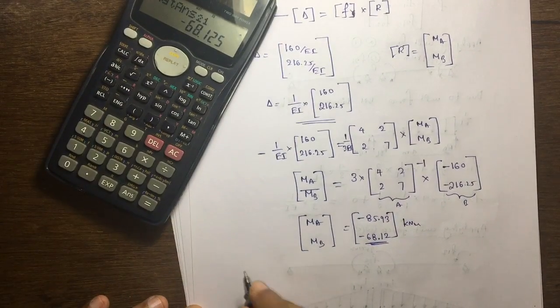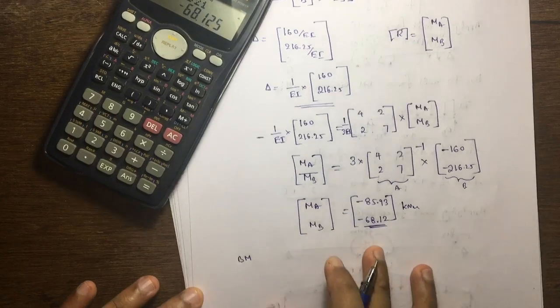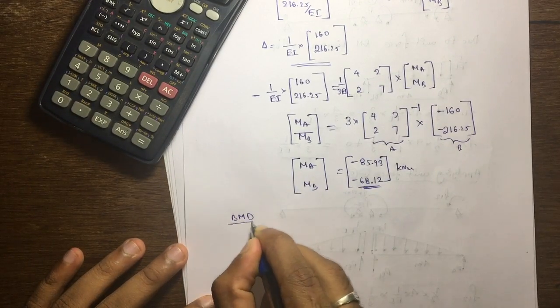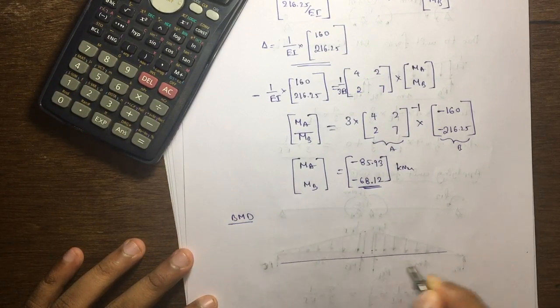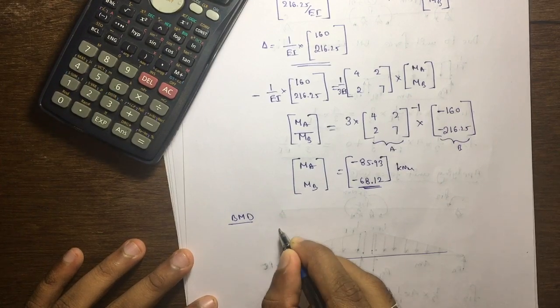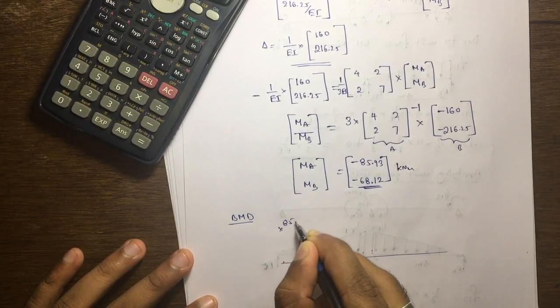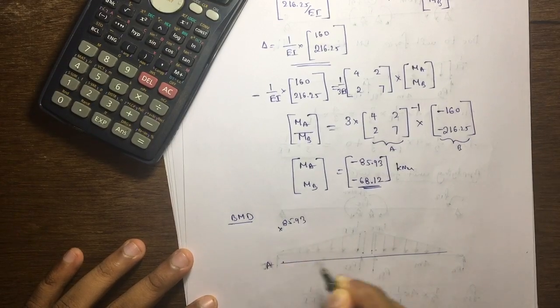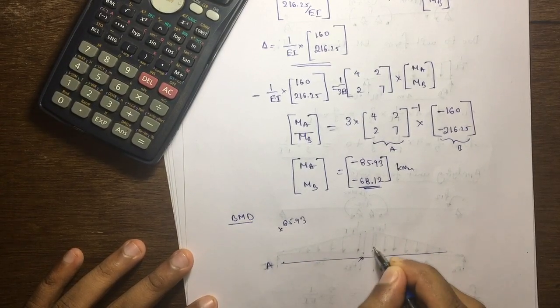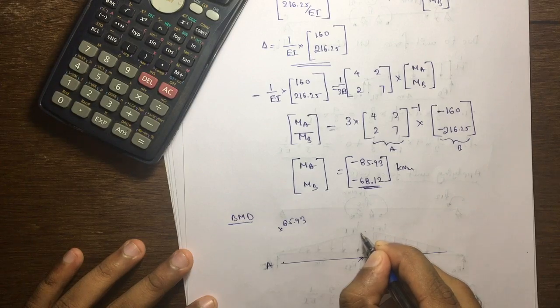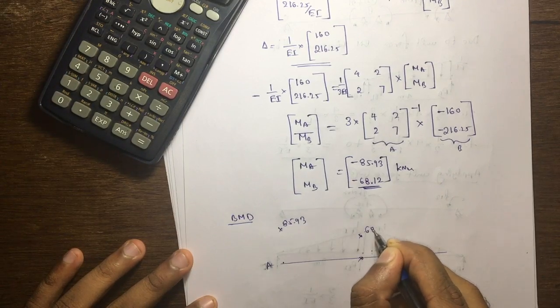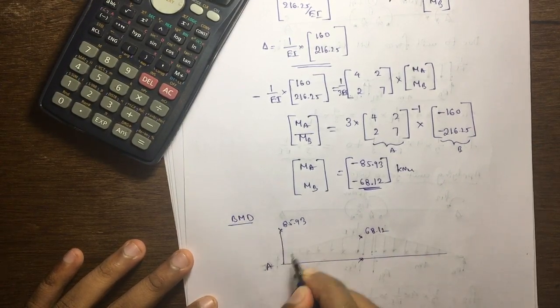Now we have to draw the bending moment diagram for these values. So if I take the beam, minus value, that is 85.93 at A, at B again anticlockwise 68.12.